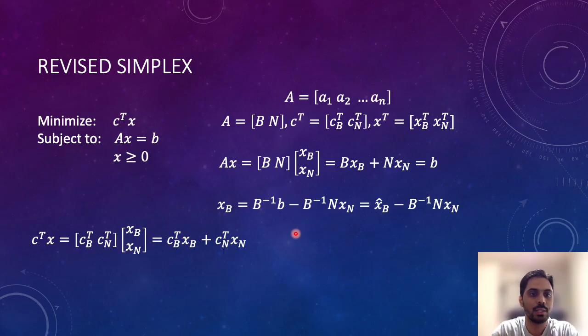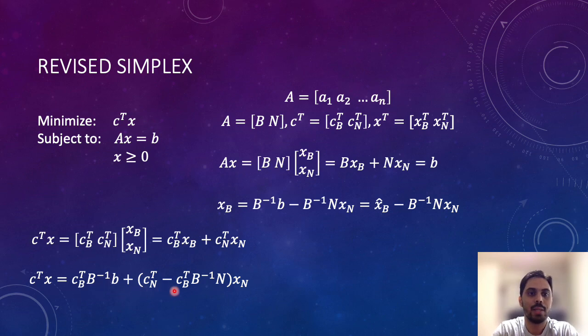That will give me C_B transpose B inverse b plus (CN minus CB B inverse N) times XN. That's a kind of complicated formula, but it's very useful. Again, XN is going to take the value 0 in our solution. So the final objective will be CB B inverse b, depending on which variables we choose as our basic variables. And this is the coefficient of non-basic variables XN.